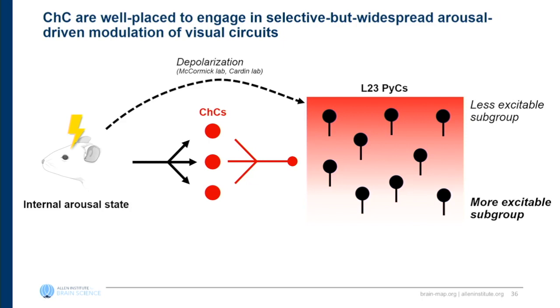First, forming a stronger to weaker gradient across the depth of layer 2-3, possibly creating less excitable and more excitable subpopulations within the layer, and also respecting cell-specific inhibition amplitudes that might potentially reflect some sort of inhibitory homeostatic balance. Taken together, these chandelier cells really seem to be a key piece in reshaping the inhibitory structure of cortical processing in layer 2-3 during these particular periods of arousal, and of course potentially other roles as well.